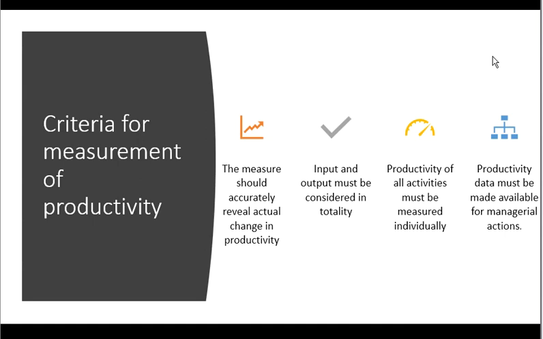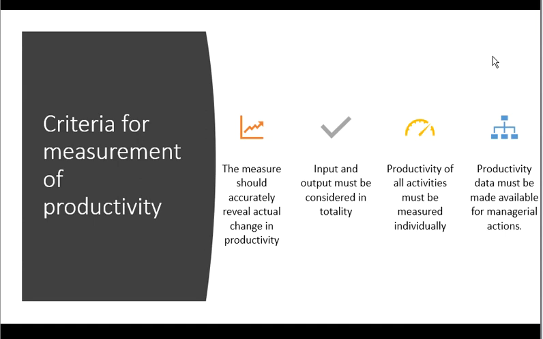Next, input and output must be considered in totality. That is the main thing. Next, productivity of all activities must be measured individually. There is labor productivity, where output over labor input gives you labor productivity.